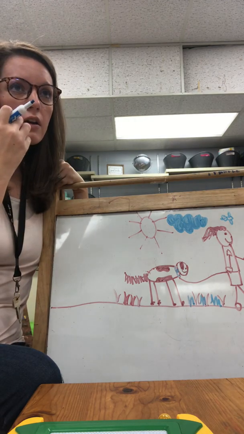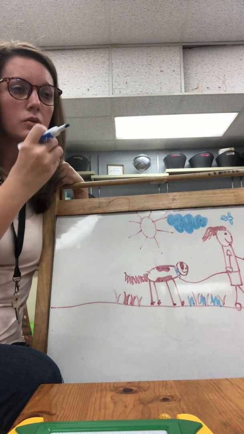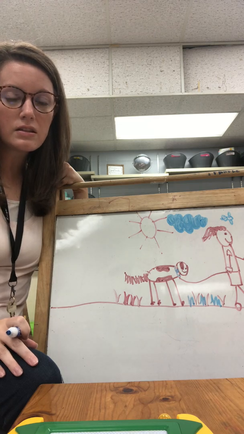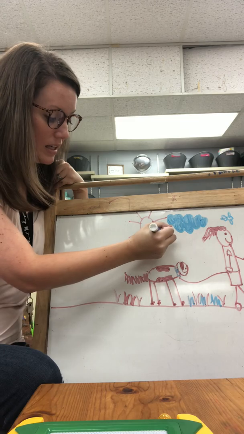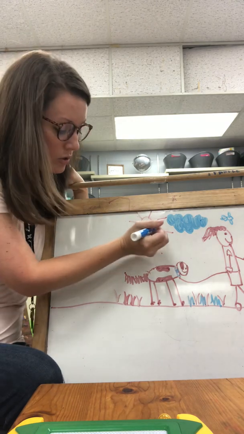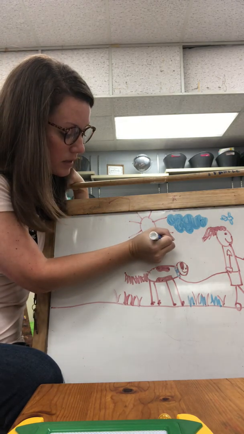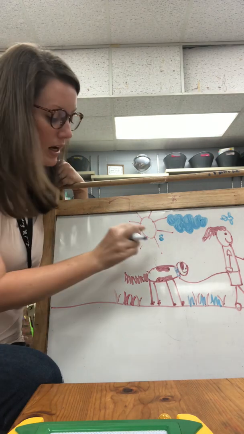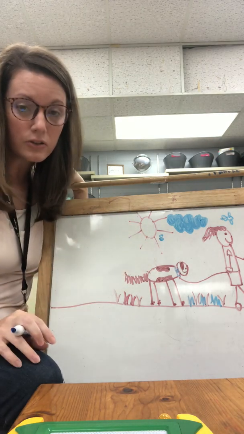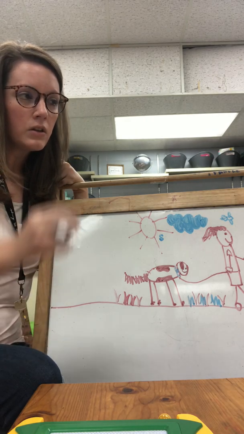The first sound I heard was S. What letter says S? You're right, it's an S. So let me make an S. Now I'm not going to write it huge. I'm just labeling my sun. Ooh, there we go. So there's my S for sun, and I'm writing it right beside the sun in my picture. Let's see, what's the next sound?